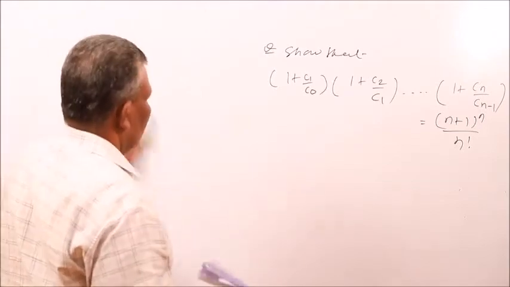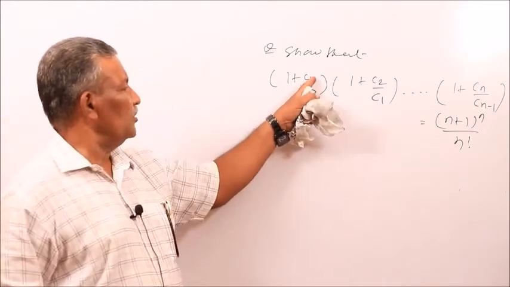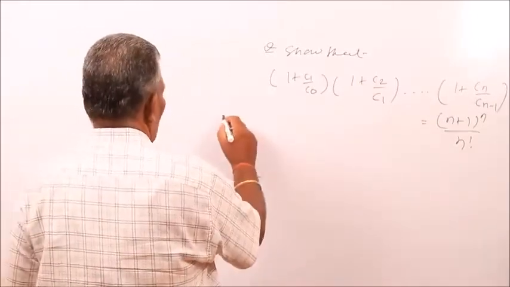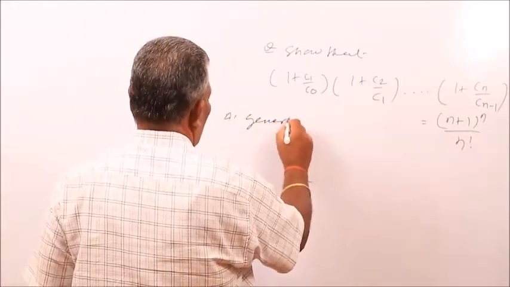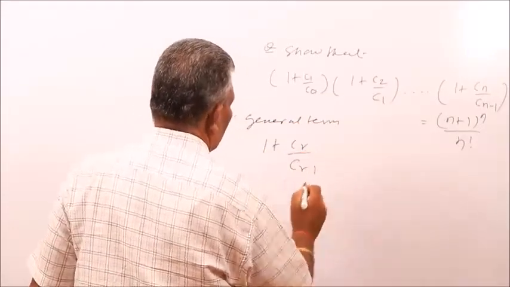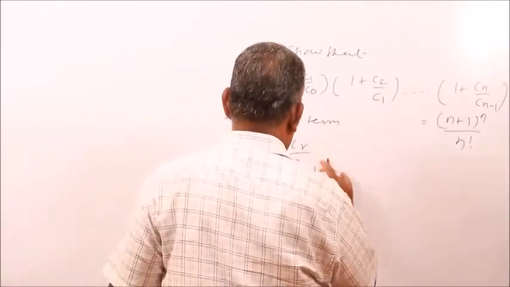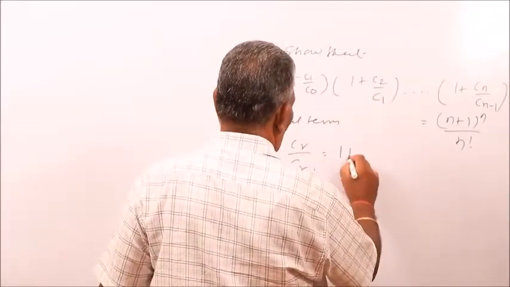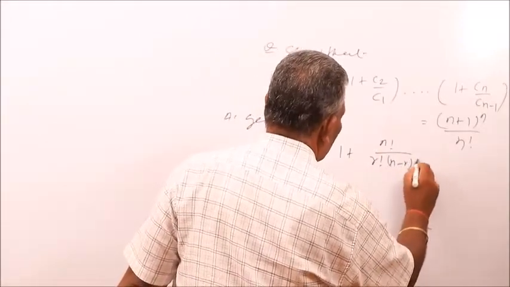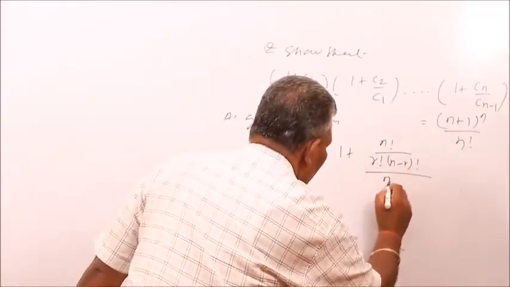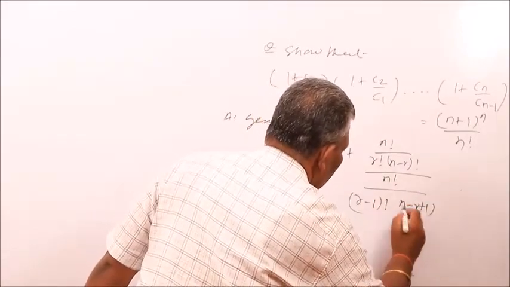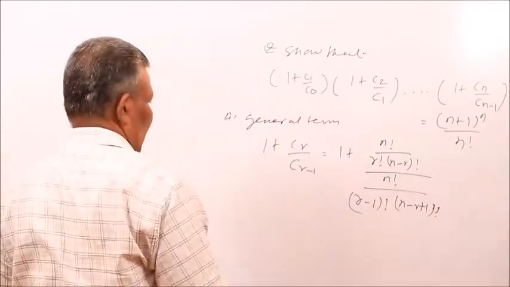In the first term it is 1 plus C1 by C0, in the second term 1 plus C2 by C1. So the general term will be 1 plus Cr by Cr minus 1, that is 1 plus n factorial by r factorial, n minus r factorial, divided by n factorial by r minus 1 factorial, n minus r plus 1 factorial.